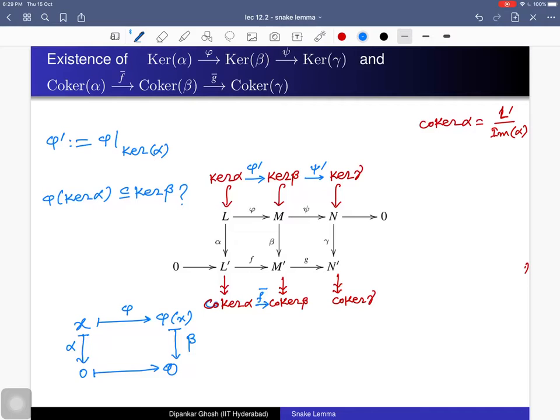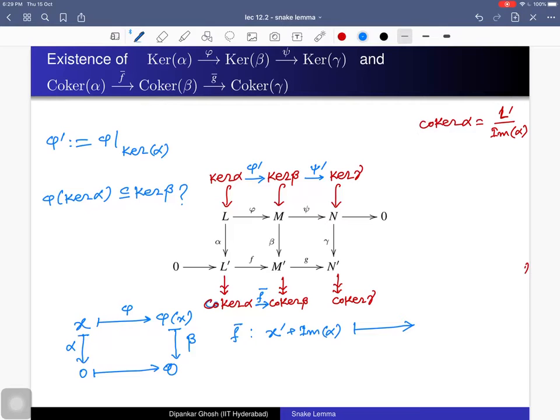We can define this map F bar in this way. Any element in cokernel alpha looks like x prime plus image alpha, and then what should be its image?